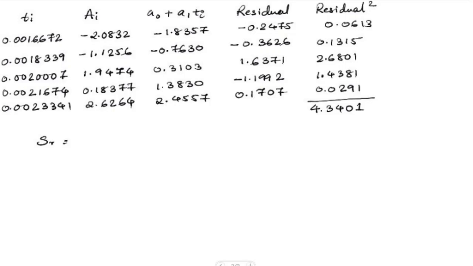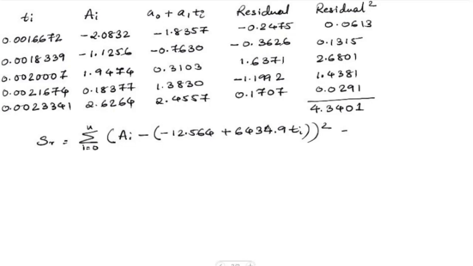So we have S sub r is the summation from i equal to 1 until n of ai minus a0, which is minus 12.564 plus 6434.9 times ti, squared. So this value here is equal to 4.3401.